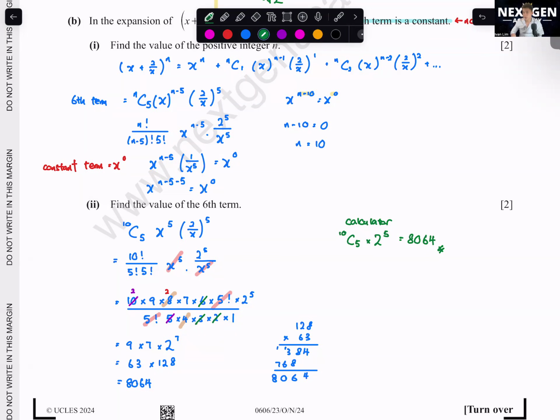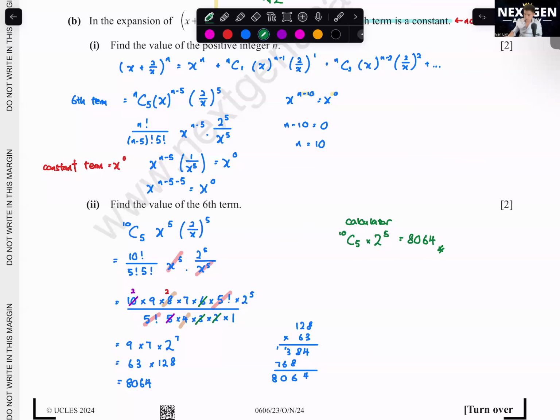Yeah. Okay, so even if it comes out in paper 2, the n factorial one, if got unknown n, you still have to use the formula to simplify it. Only when you do the factorial part, then you can use your calculator.